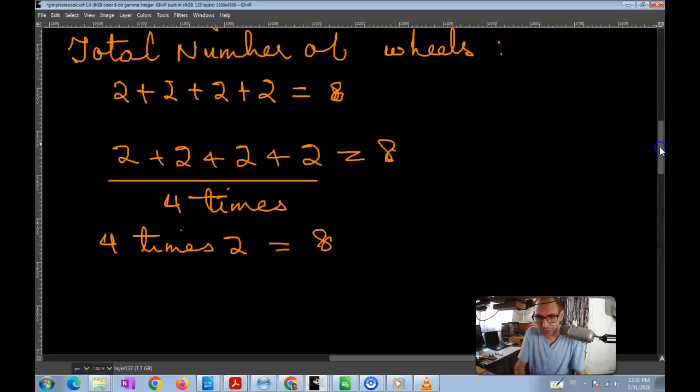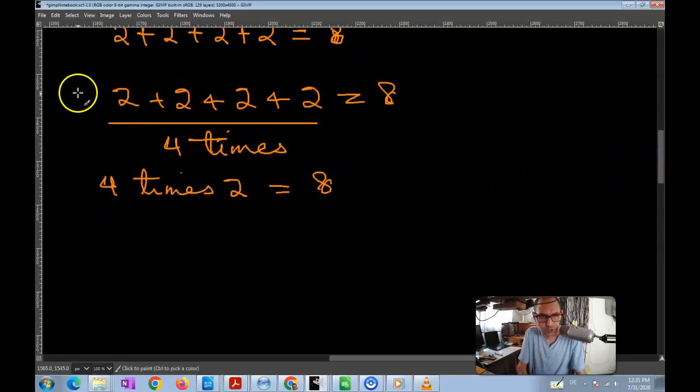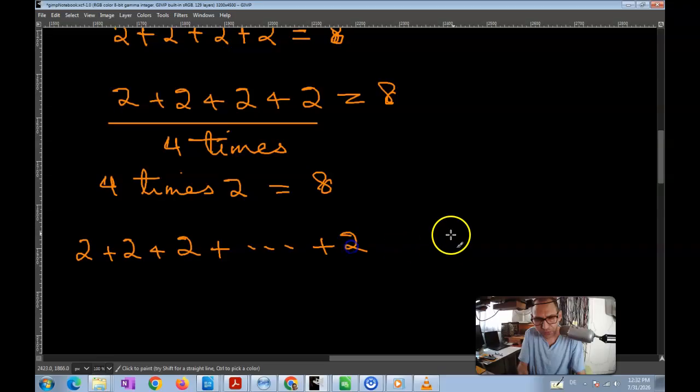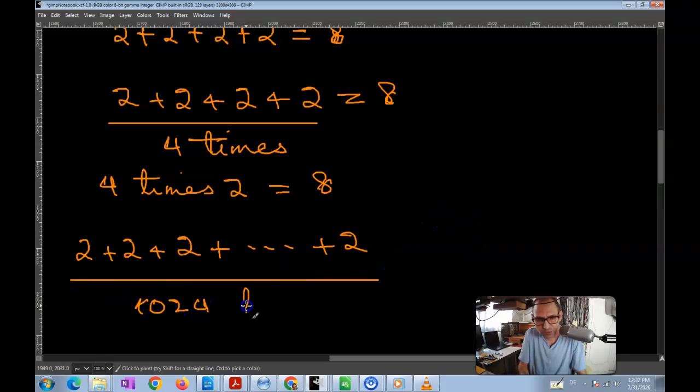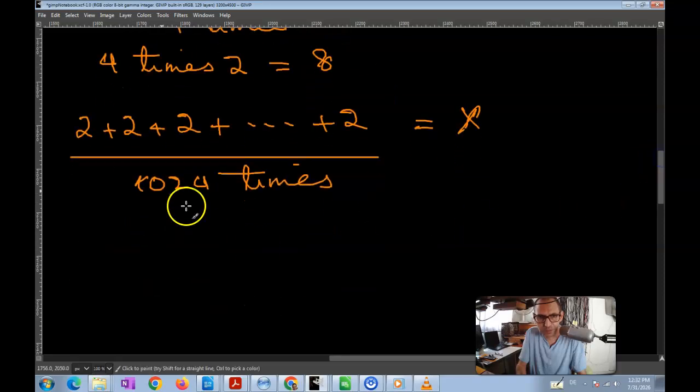But suppose that I were to add 2 to itself 1024 times, then I would have to write 2 plus 2 plus 2 and so on and so forth, 1024 times is equal to some number, right? The number is not important.